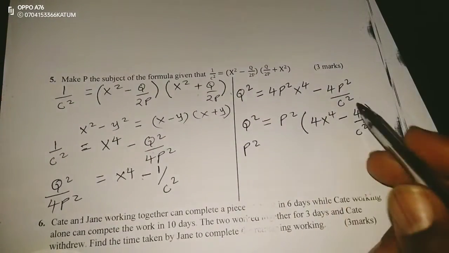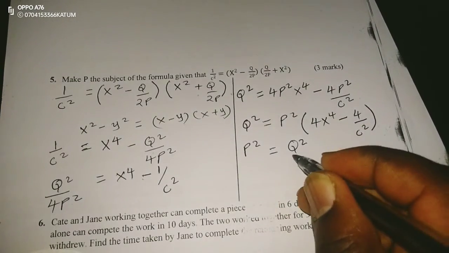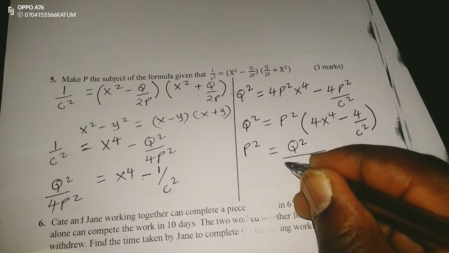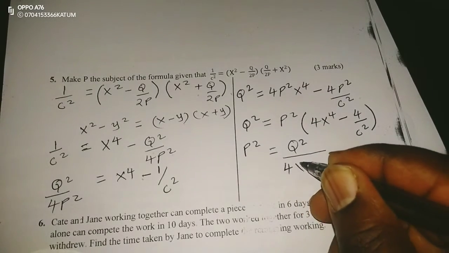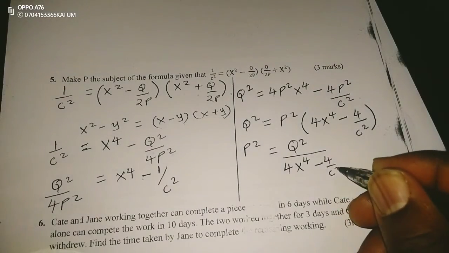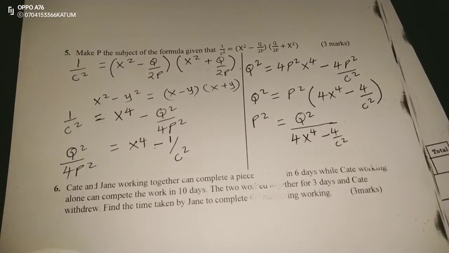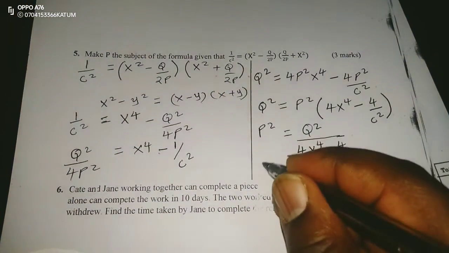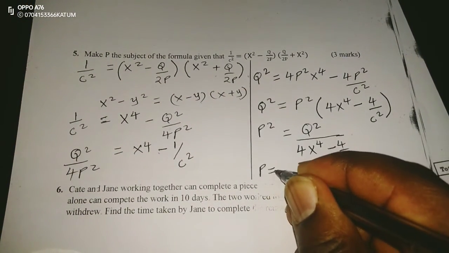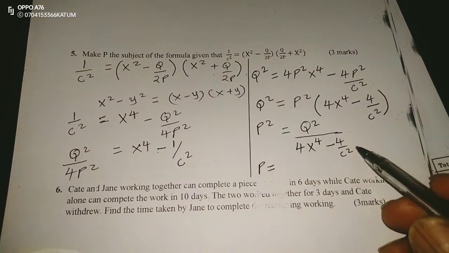So we will have q squared out of 4x power 4 minus 4 out of c squared. Therefore, to remain with p, because it is squared, we have to take the square root of this side.